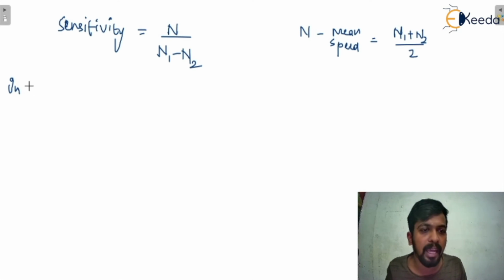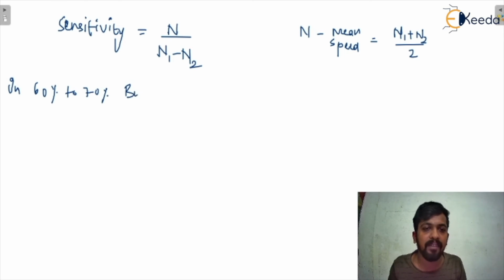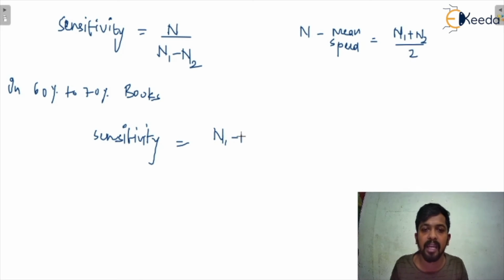Be careful here. In most of the books, or you can say in 60 to 70% of books, the sensitivity formula is given as n1 minus n2 upon n.